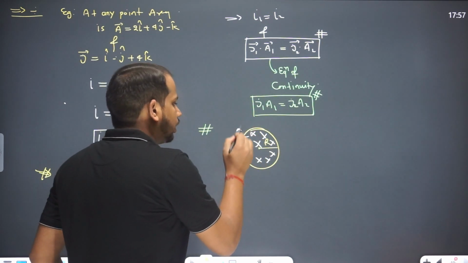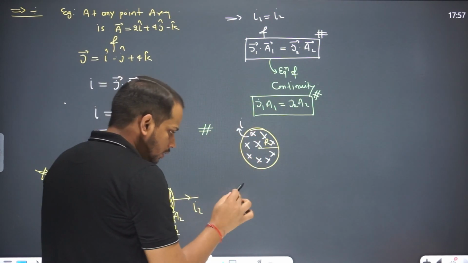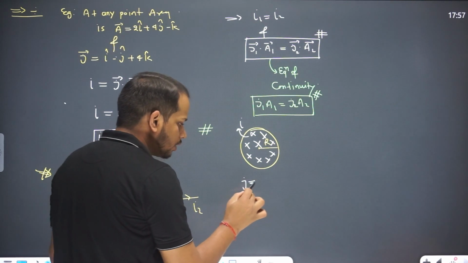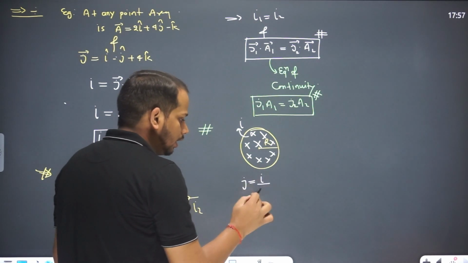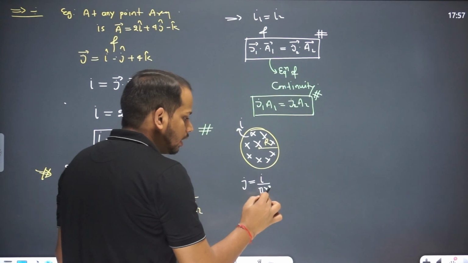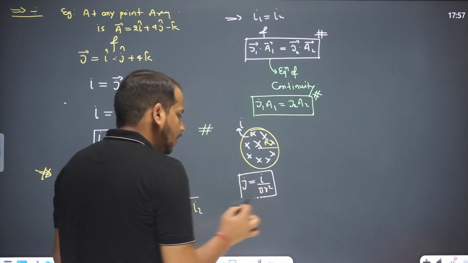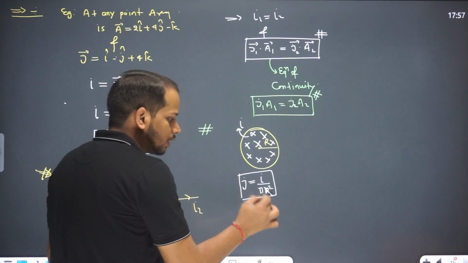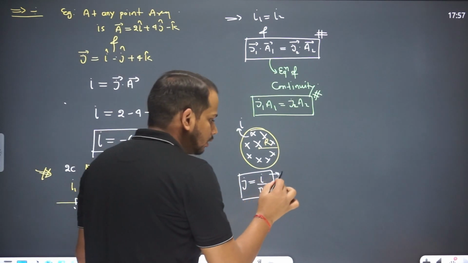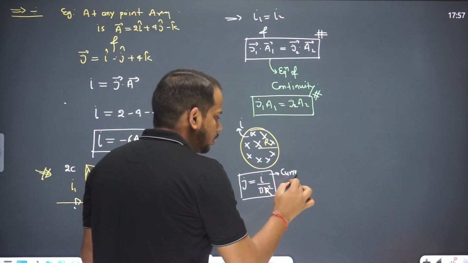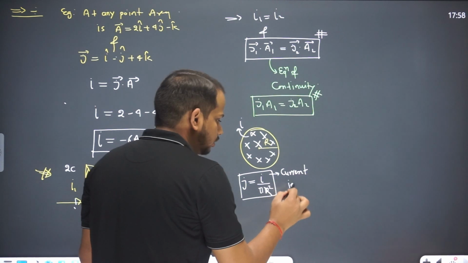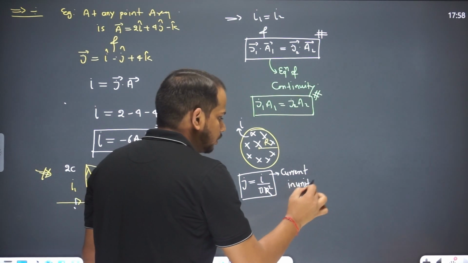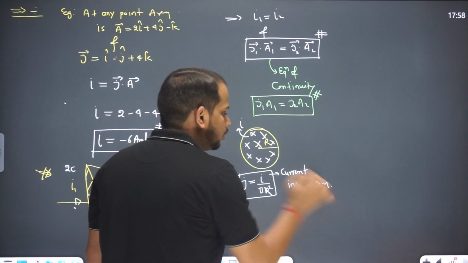Say the total current is I. So what is J here? J is equal to I by A. A is pi R square, right? So what do you understand from the meaning of this? This is the current in unit area.